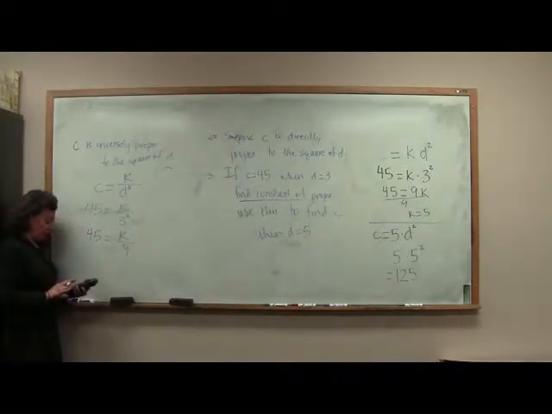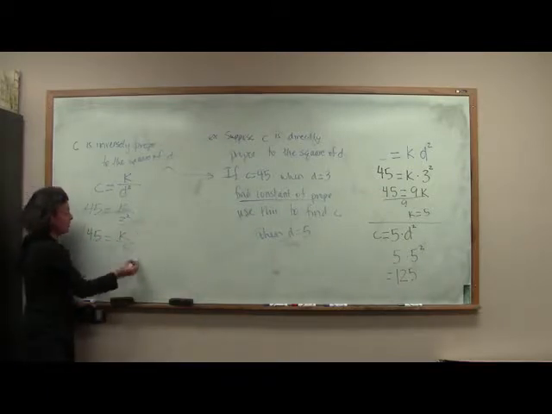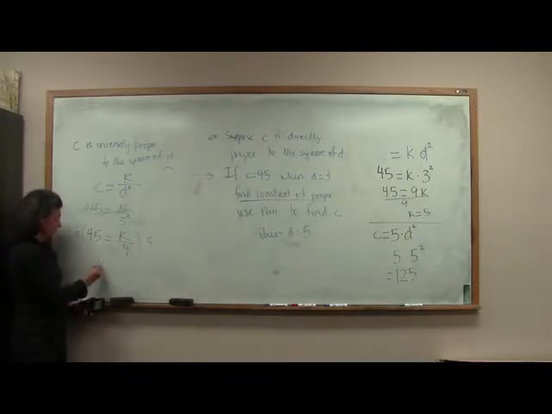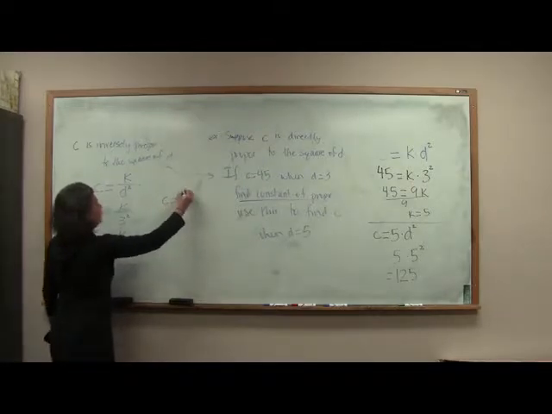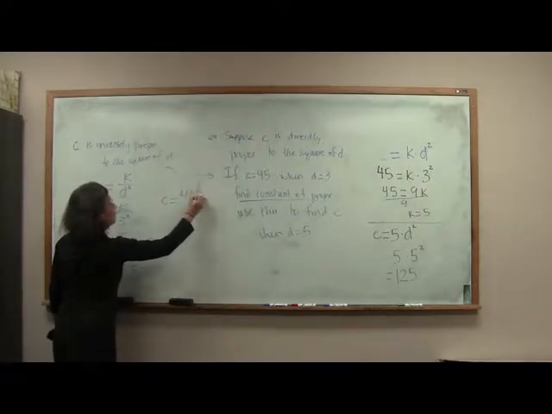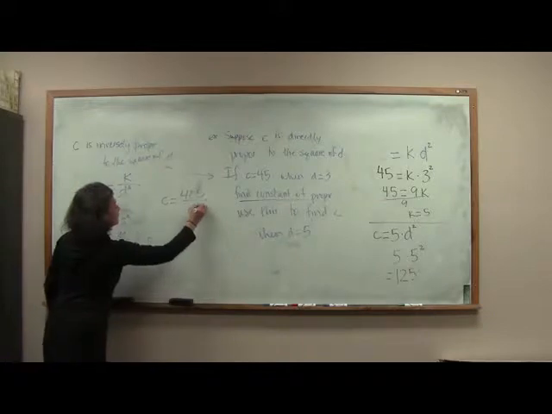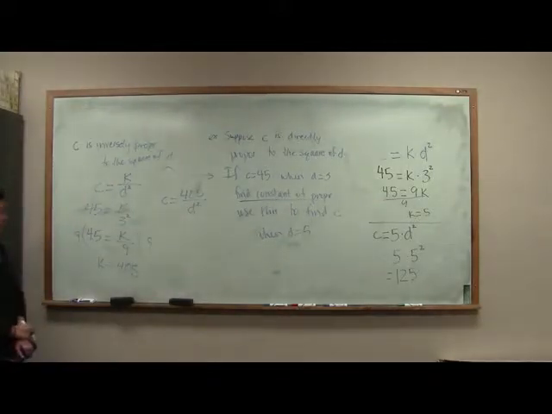How do we solve for K? Well, multiply both sides by 9. So now my K is 405. Therefore, my equation is 405 over D squared.